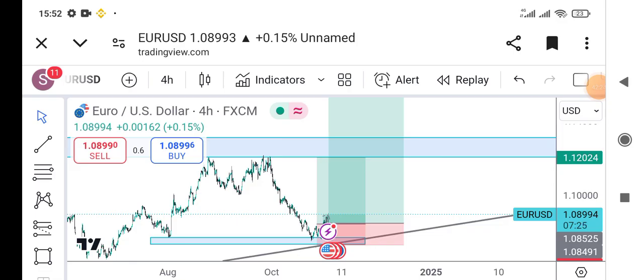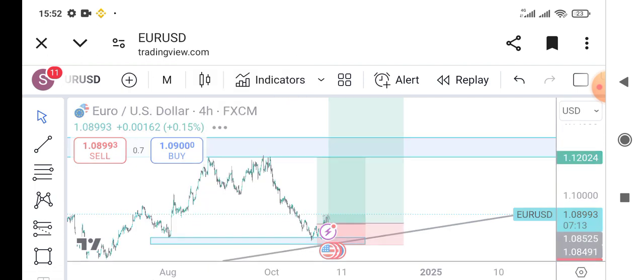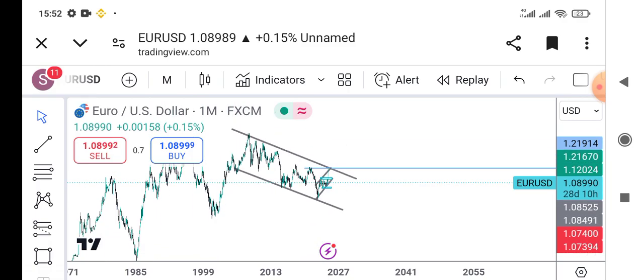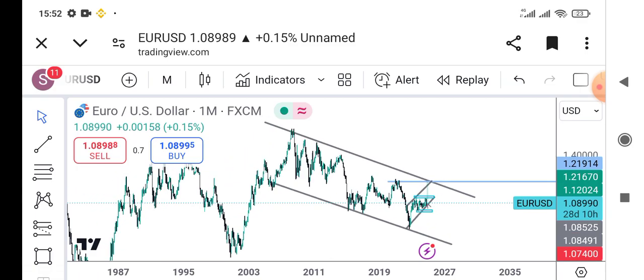For you to have these drawings, you start with a higher time frame. So we started with our higher time frame, which was monthly. I said one thing you have to know: be able to identify impulse and correction sections.